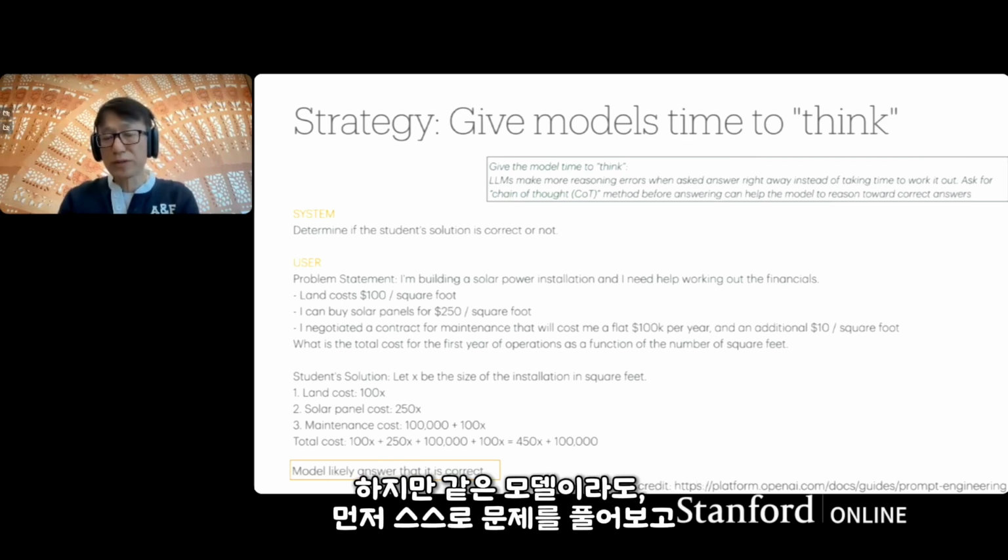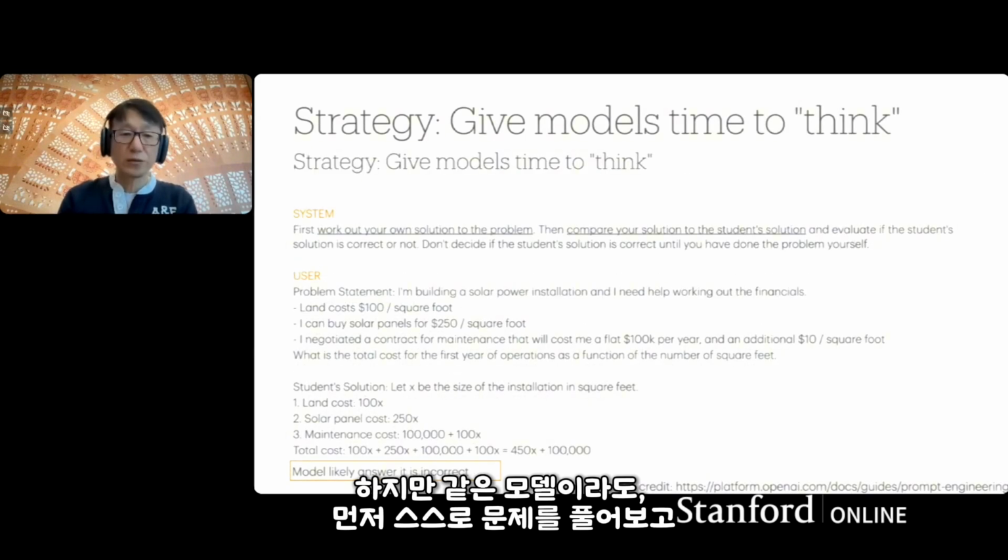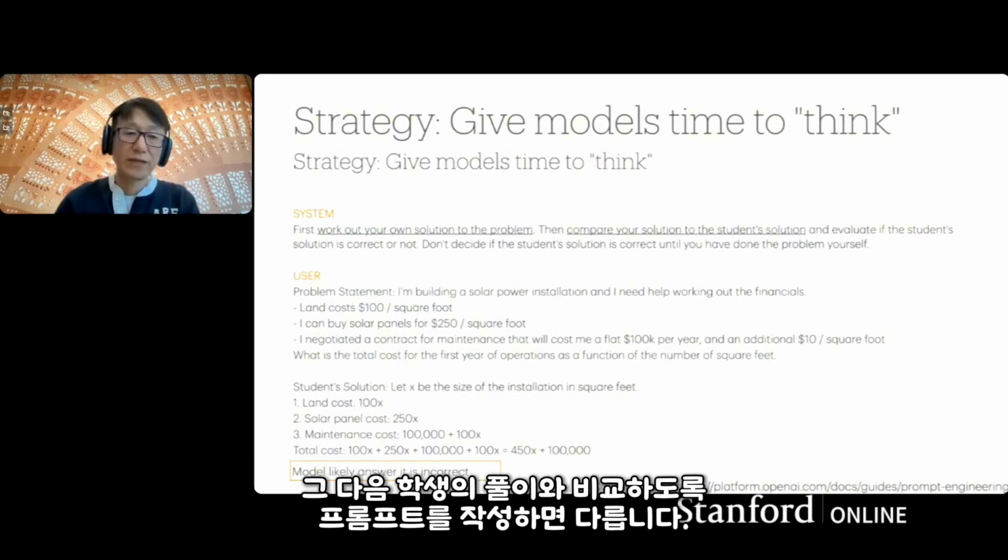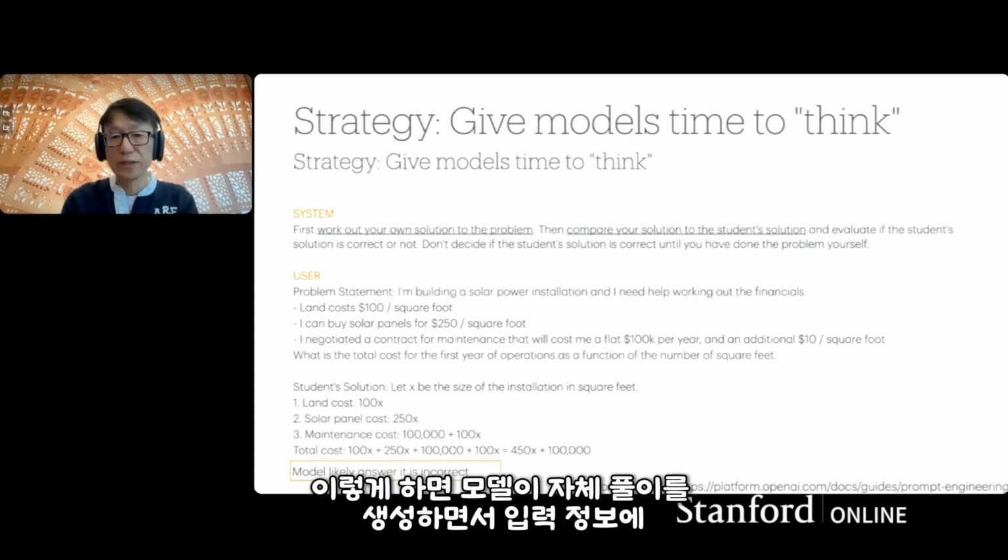However, for the same model that might not get the right answer for this, if you prepare your prompt in a way that you ask it to first work out your own solution to the problem, and then compare your solution to the student's solution, then by doing this, the model will generate its own solution.